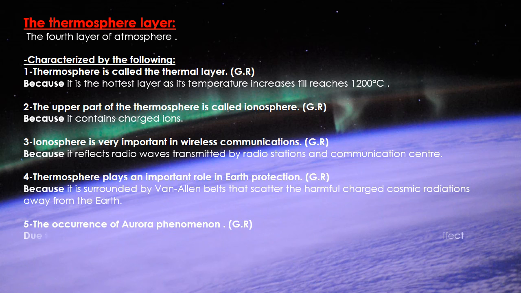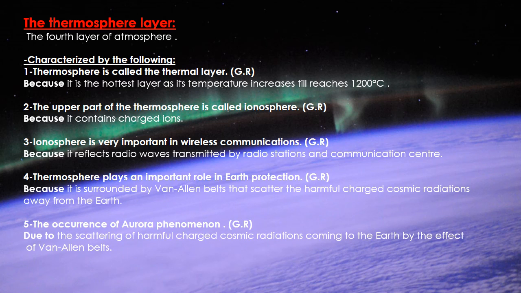The occurrence of the aurora phenomenon is due to the scattering of harmful charged cosmic radiation coming toward Earth by the effect of the Van Allen belts. It appears in bright colored curtains. So what is meant by the aurora phenomenon? It's bright colored curtains that appear in the polar regions.